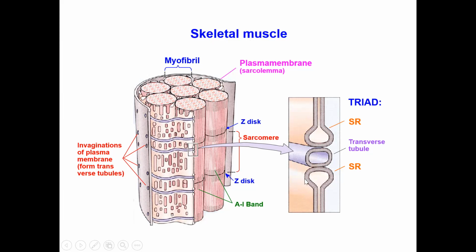And these two, a little bit red here, that is the inside. You see this structure, these three together, is called a triad, because there are three: 1, 2, 3. That is very important for the release of calcium, this structure.